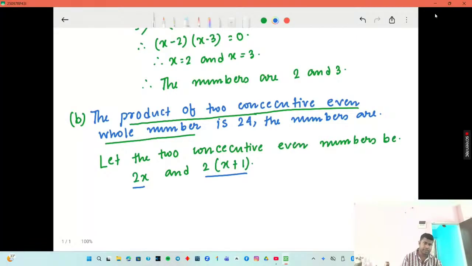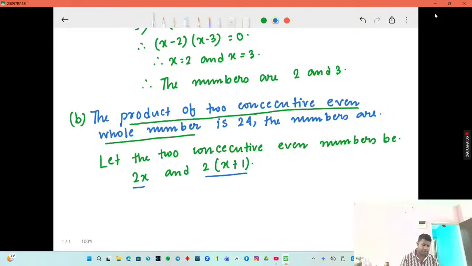We can say that. So here the question is given as the product of two consecutive even whole numbers is 24. The numbers are. So now the product of these two numbers will be equal to 24.